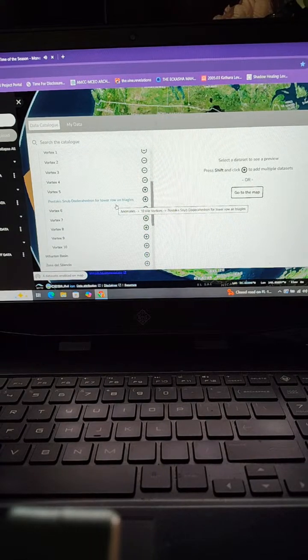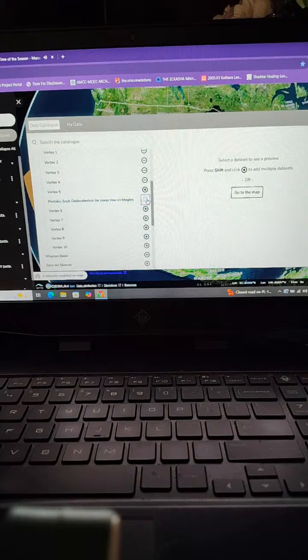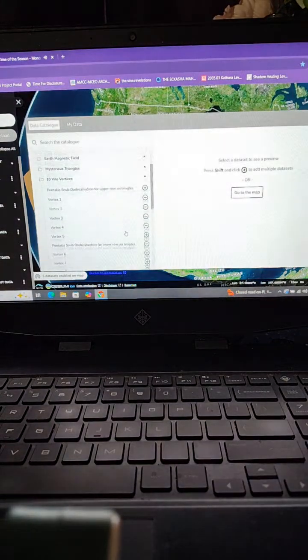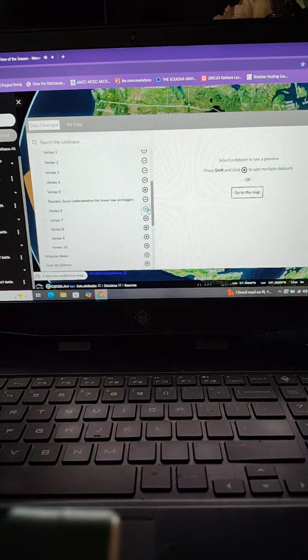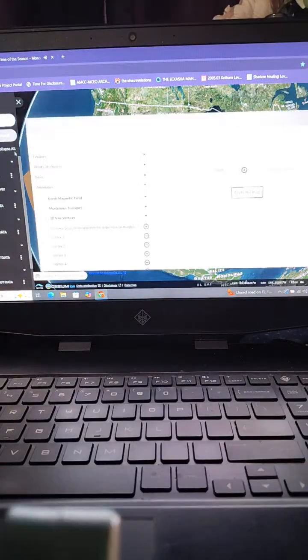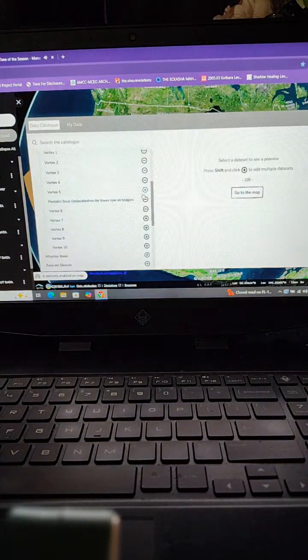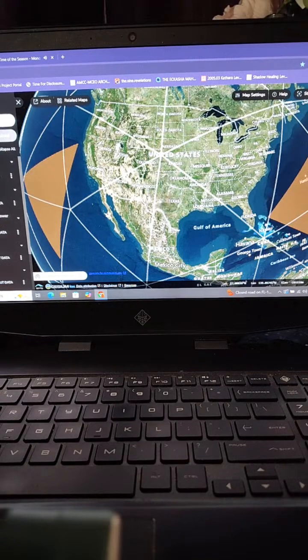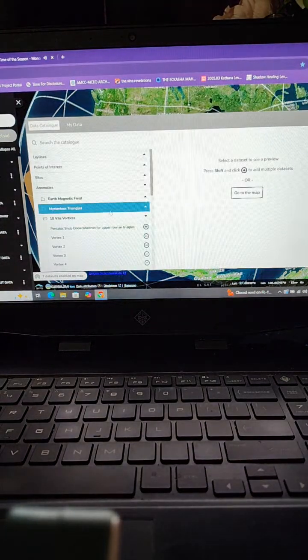Pentakis snub dodecahedron for lower row and triangles. I don't know what that is. I'm going to put all the vortexes up and then we're going to go look at the map. Vortex 5. Oh, there's Vortex 5. That's the Bermuda Triangle. Interesting, huh?